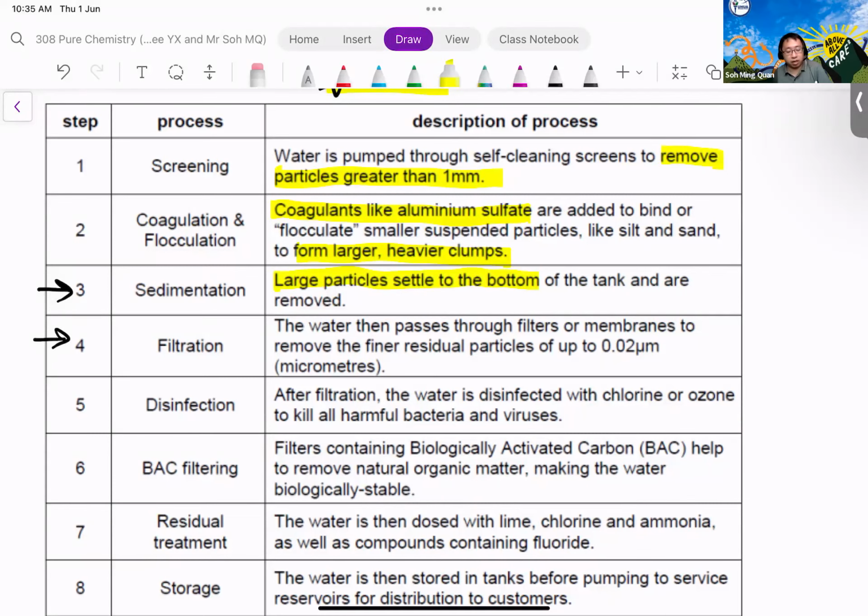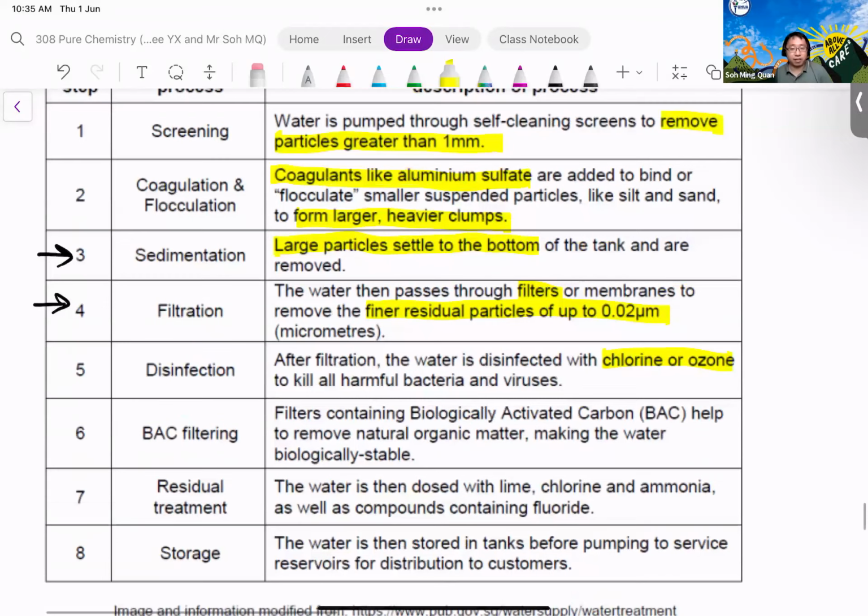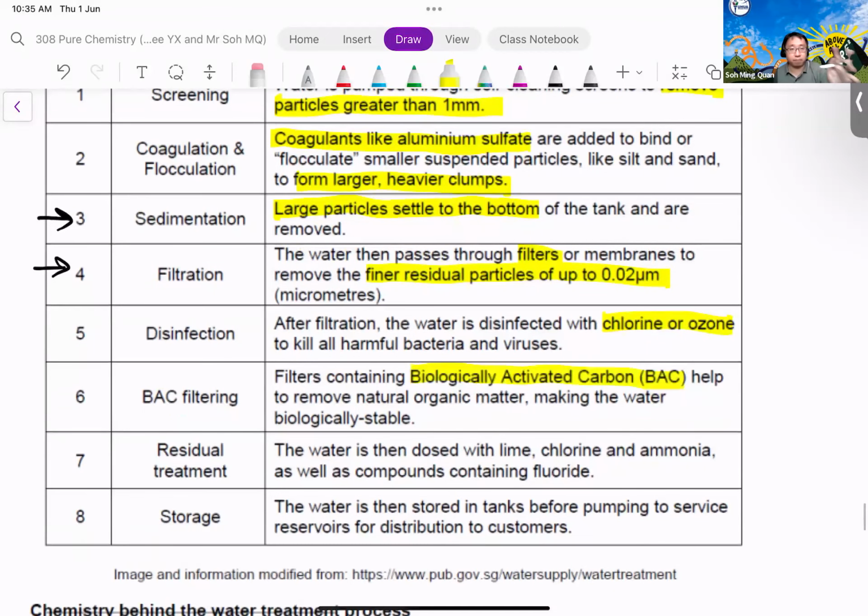Then after that, you got filters again, and it will filter out the finer particles up to 0.02 micrometers. Numbers. Is disinfected with chlorine or ozone. Finally, BAC. Finally, you know what BAC means. Biologically activated carbon. And this helps to remove natural organic matter.